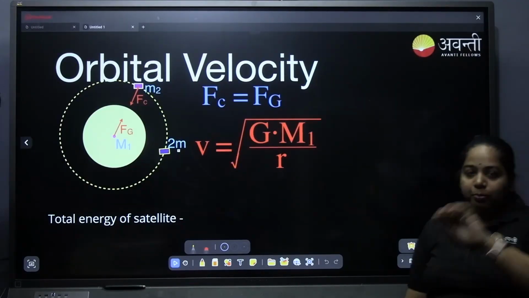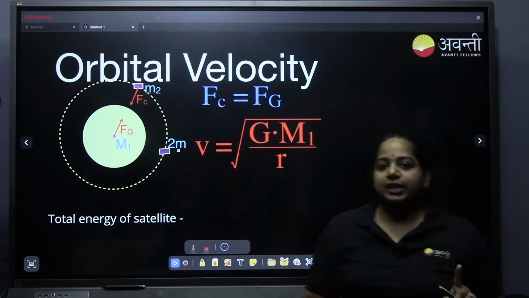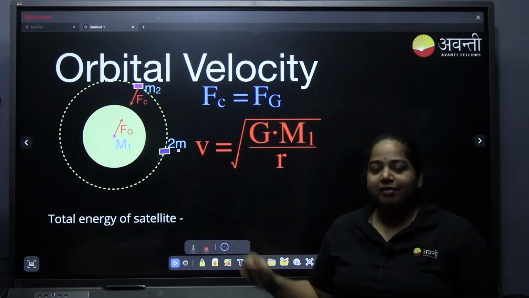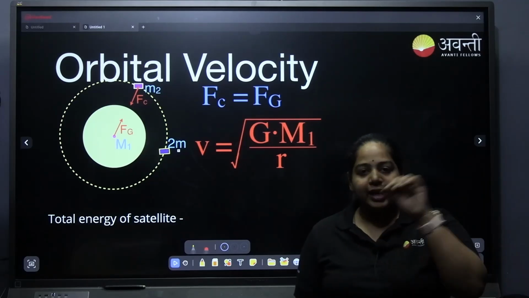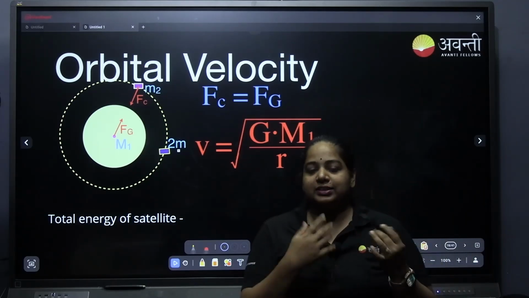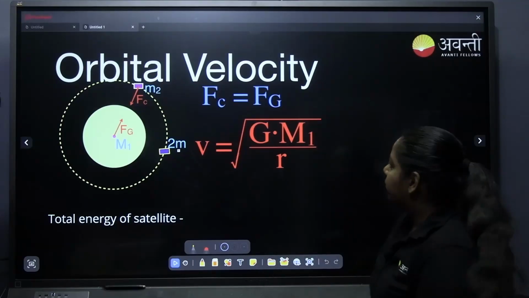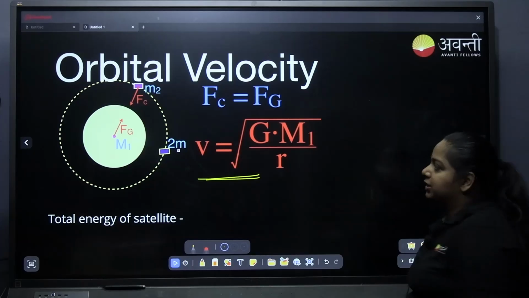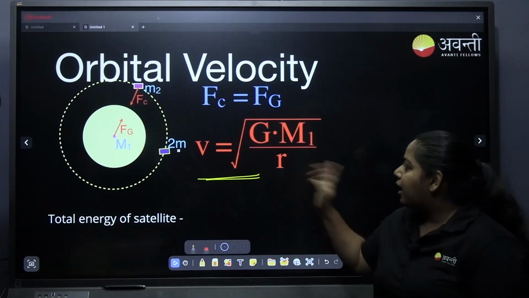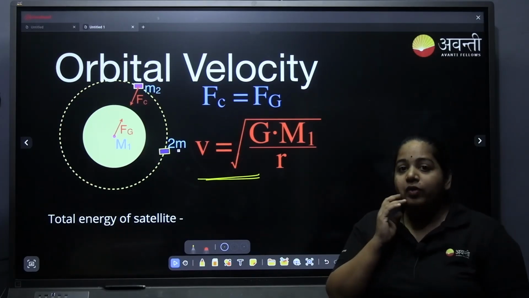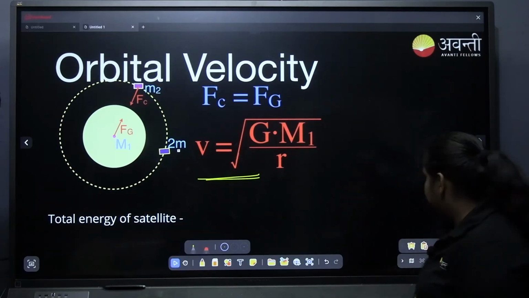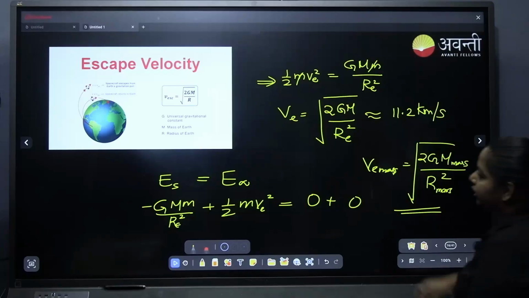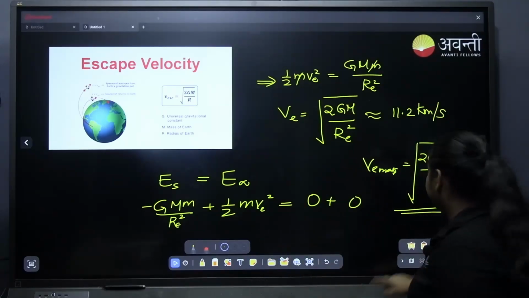Now coming to orbital velocity. Escape velocity is different, orbital velocity is different. Orbital velocity is, if a satellite is orbiting around Earth, what is the velocity of that? As given here, orbital velocity is equal to root GM by r. How are we getting that formula? Sorry, one second. I wrote r square here, that is a mistake.